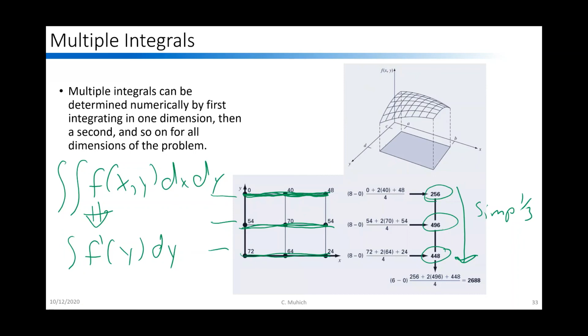So here I take apart what my distance is in y. Right, so this is the distance in y. So this is dy. This was dx. And I use the values integrated over y to do Simpson's rule. So I get this 256, twice the middle piece, which is 496, and then that last piece, 444. And so I can then numerically solve out that last one to get the final value.